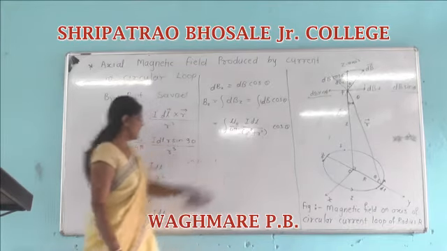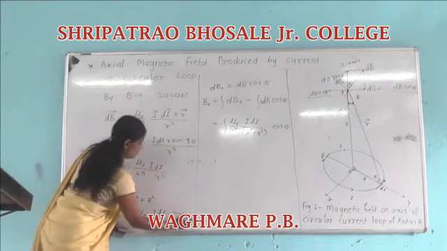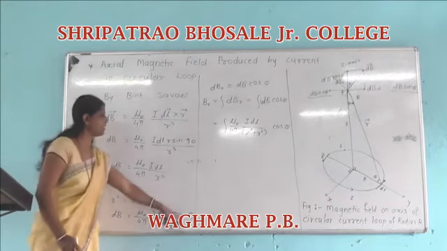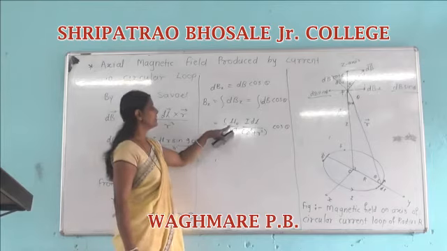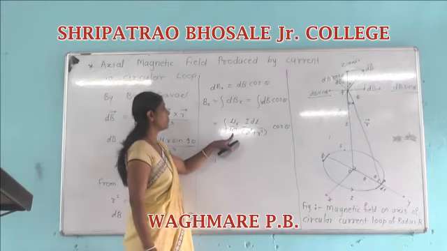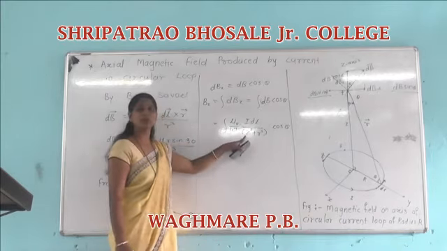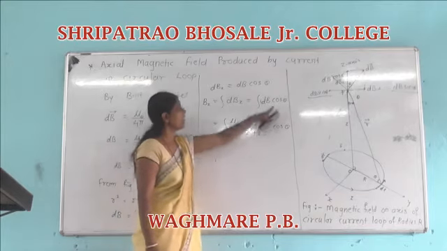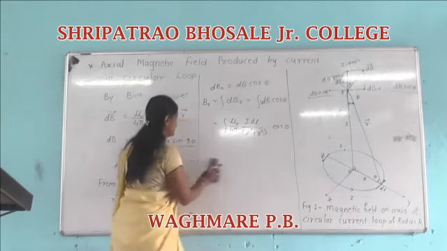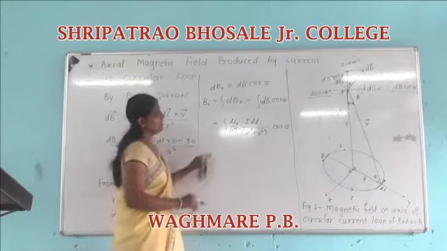Put the value of dB from equation 1. Then we get dB is equal to mu naught upon 4 pi I dl upon z square plus R square. Cos theta will be as it is.